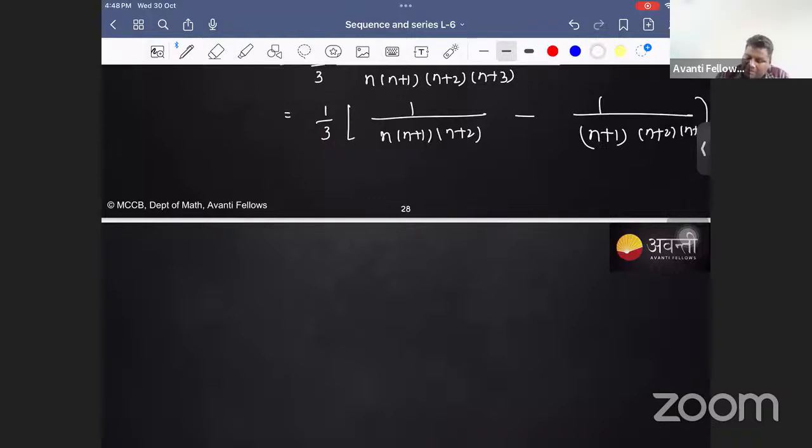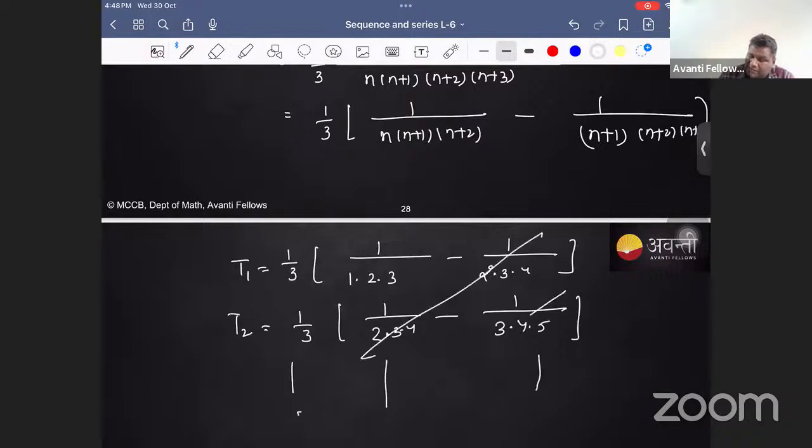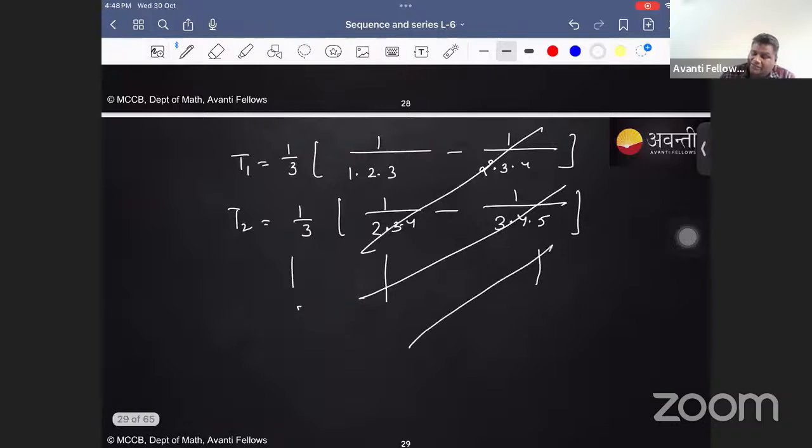All right. Now simply what? Same thing. T1 is what? 1 by 3 times 1 upon 1, 2, 3 minus 1 upon 2, 3, 4. T2 is what? 1 by 3 times 1 upon 2, 3, 4 minus 1 upon 3, 4, 5 and so on. Now see, they will cancel. This will cancel with the next one. Next one will cancel.